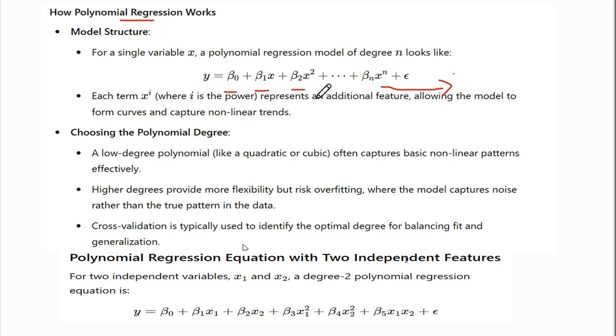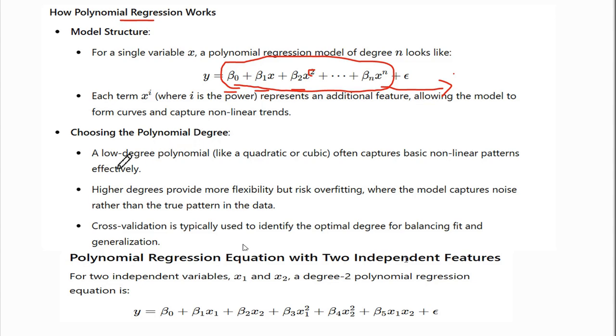We have a single independent variable, but here we have the terms x degree 1, x square and x power n. That means we are adding some degree to the independent variable. This is the equation for polynomial regression. By adding the degree to the independent variable, we get the final polynomial regression model. How it works we can see later.